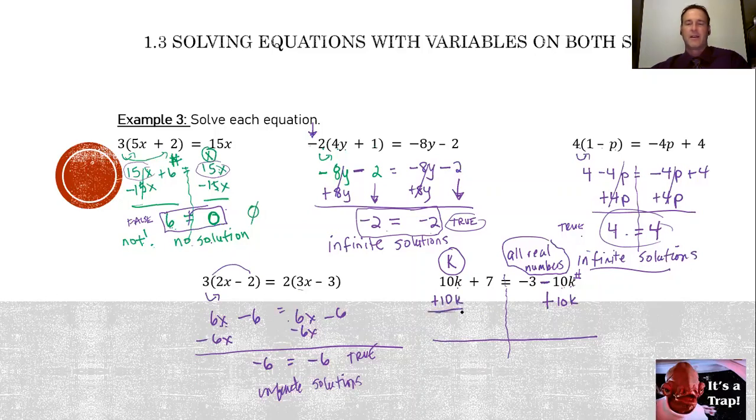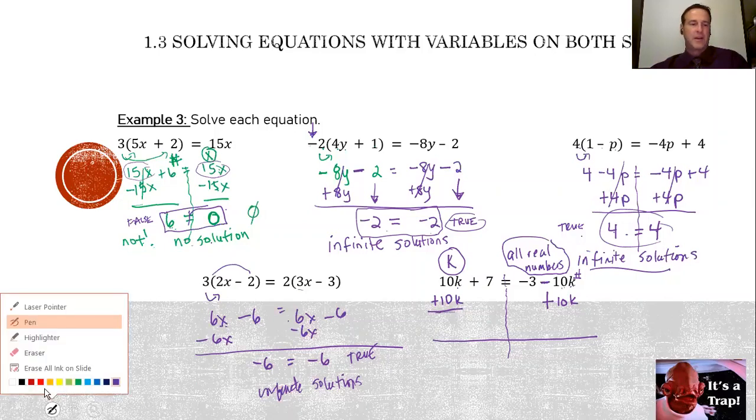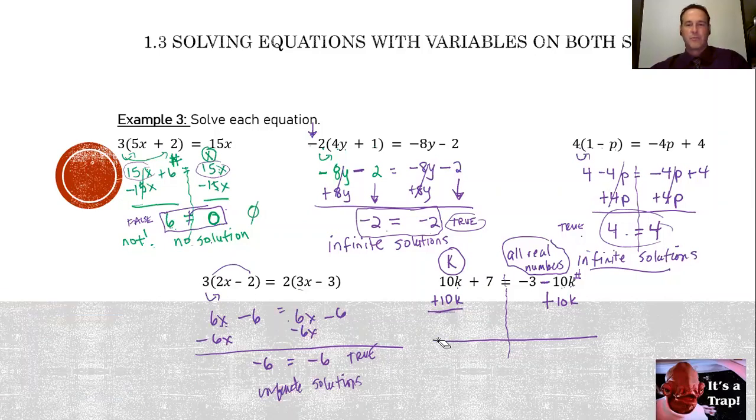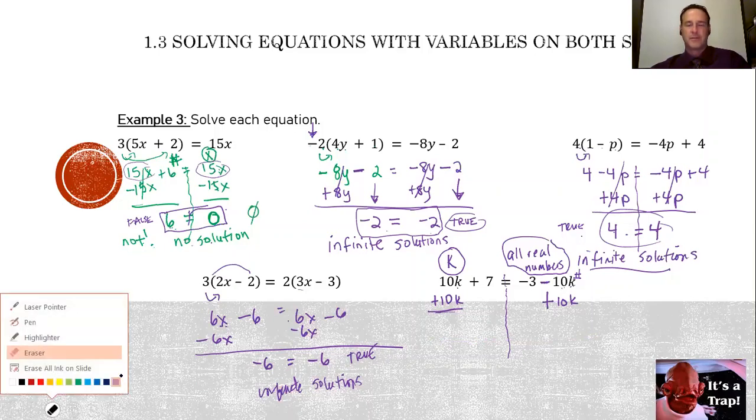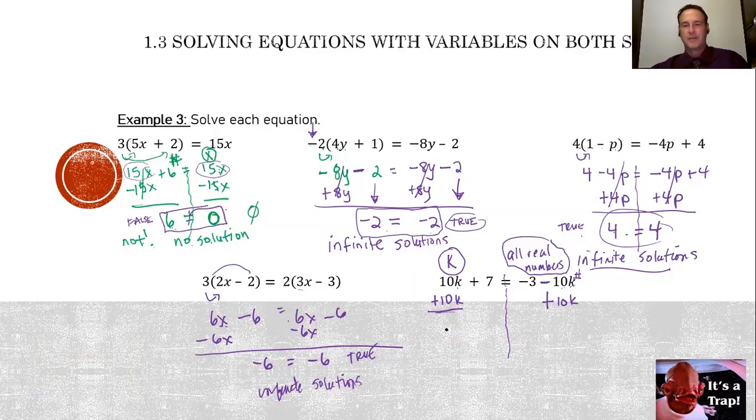Okay. And so what we're going to do is add these up. 10 plus 10 is 20k plus 7 equals -3.